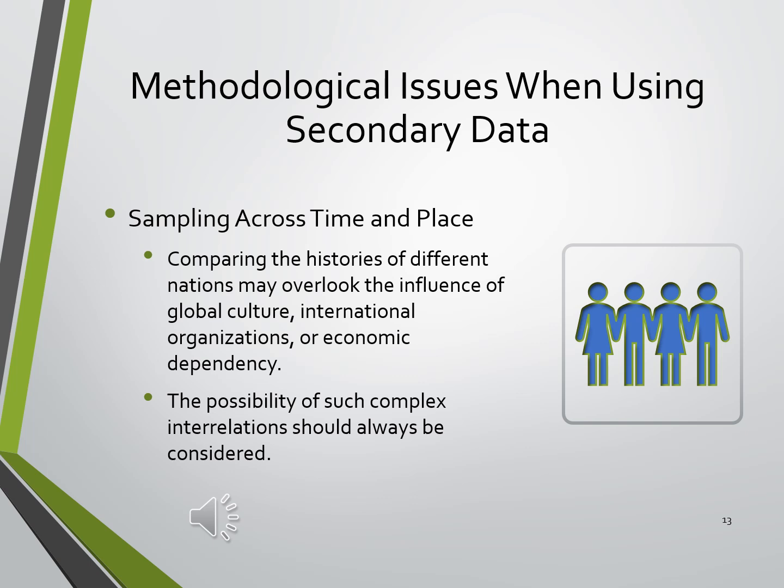The possibility of such complex interrelation should always be considered. So if we're looking at economic dependency, what other ideas relate to that time period? What are the interrelations or other relationships that we need to consider when we look at the economic dependency?